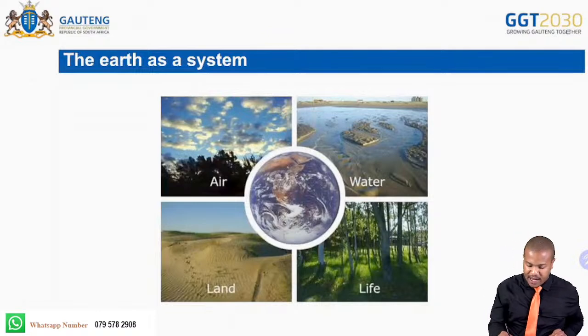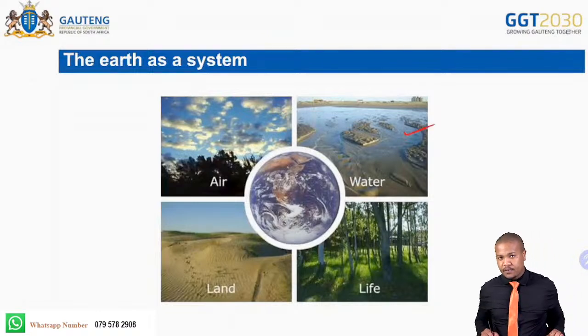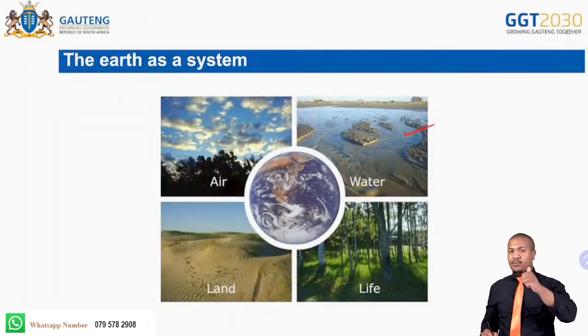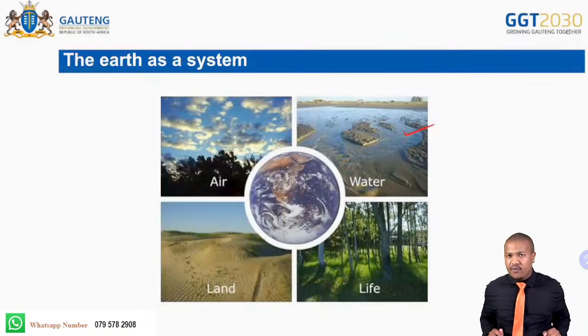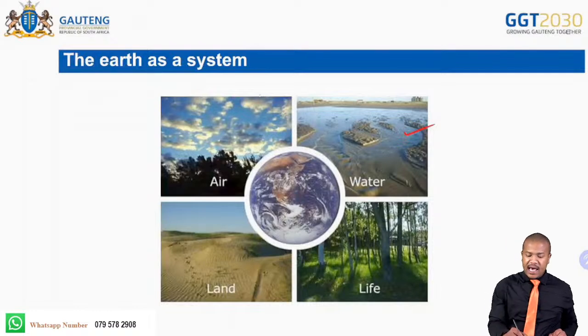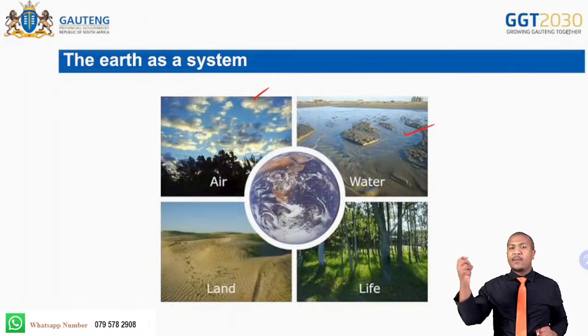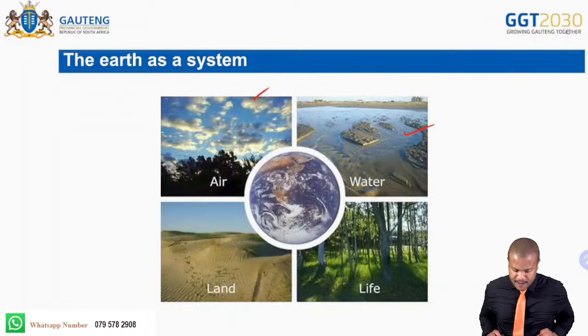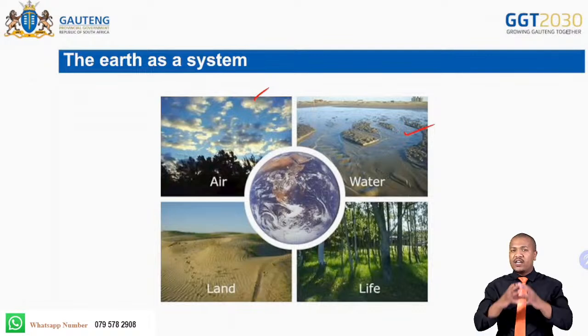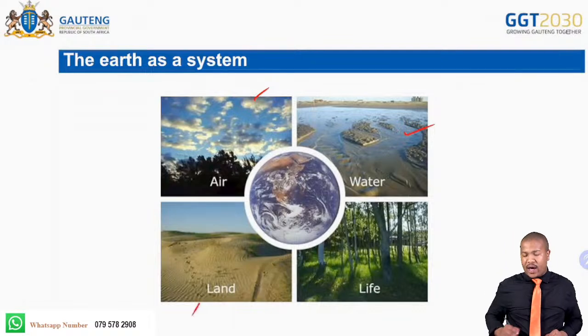We depend on water, for example, to keep hydrated, to cook, to do laundry, cleaning, and everything that we need water for. Air, number two, for us to breathe in oxygen, and plants also to absorb carbon dioxide from the air. We all depend on air. Land as well.